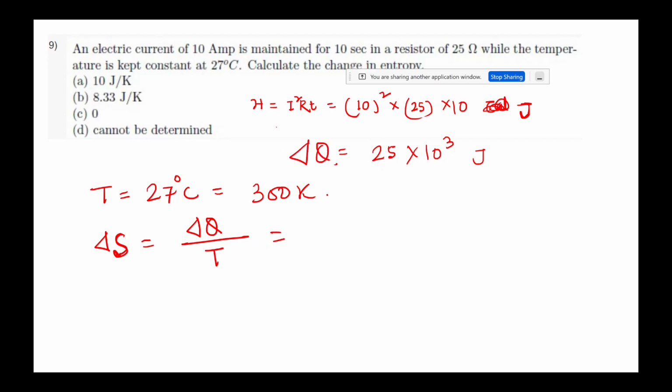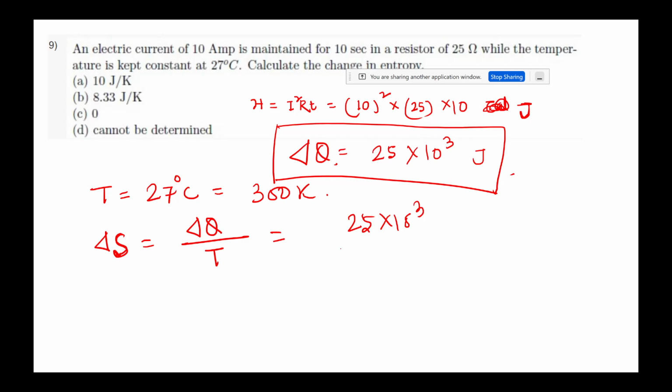This is the amount of heat changed, right? So this will be 25 times 10 to the power 3 by 300, joule per Kelvin.